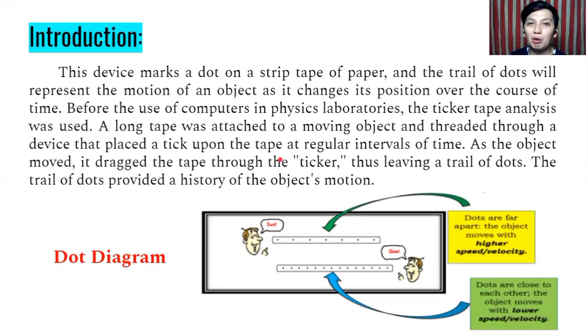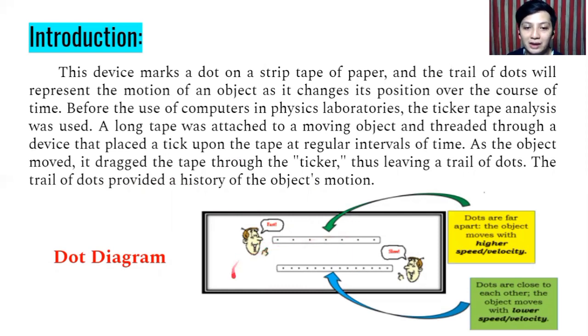Habang gumagalaw yung object, may mga dots na nakaplot doon sa strip tape of paper na yun. So it ticks upon the tape at regular intervals of time. As the object moved, it dragged the tape through the ticker, thus leaving a trail of dots. So this is what it looks like after the ticking of the ticker tape. The trail of dots provided a history of the object's motion.